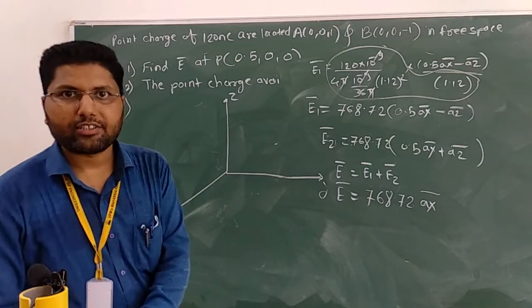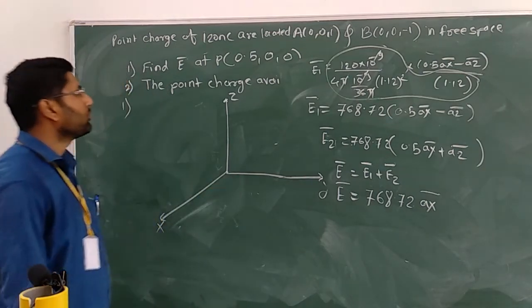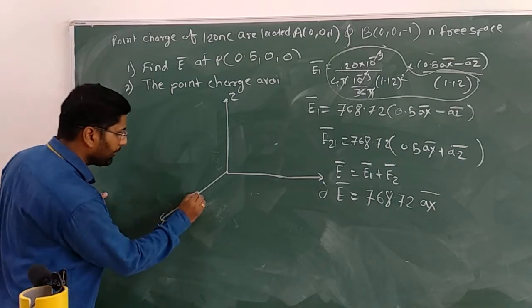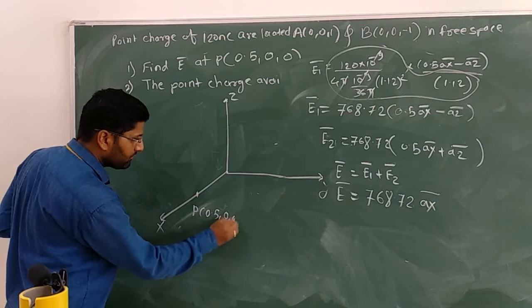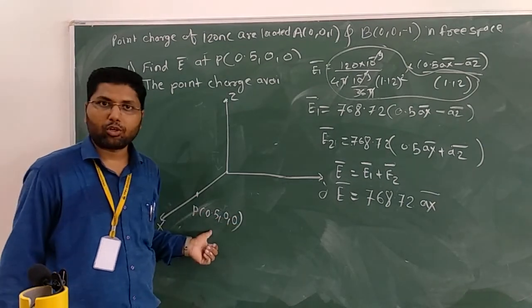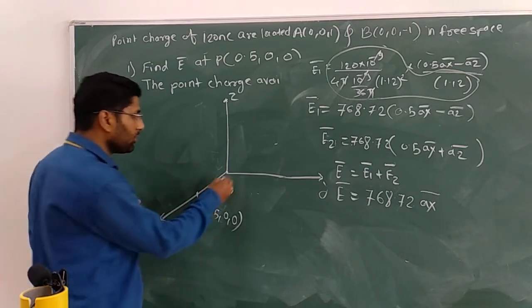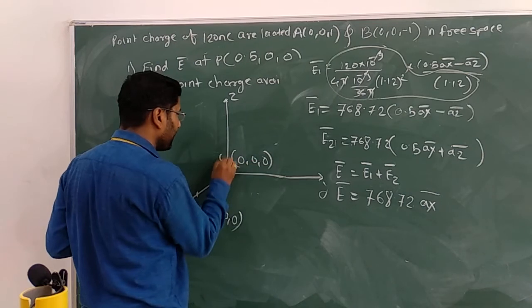Now this point charge is available at the origin. You have to find out at point P 0, 5, 0, 0 the electric field intensity due to the point charge available at 0, 0, 0. I will give the name O.